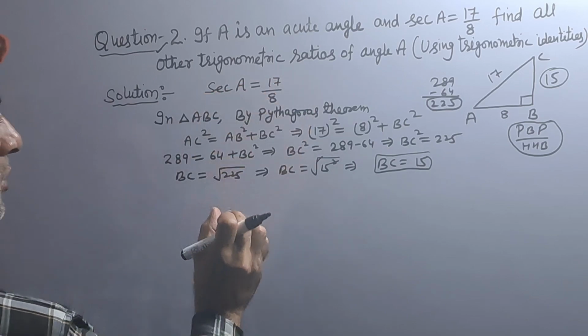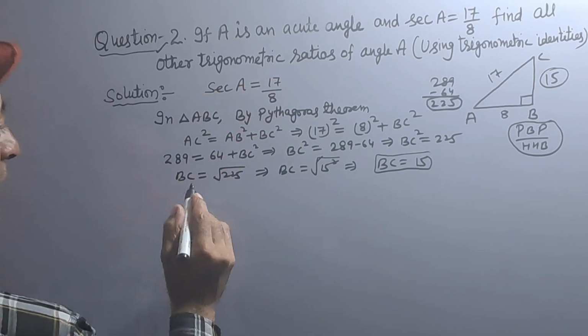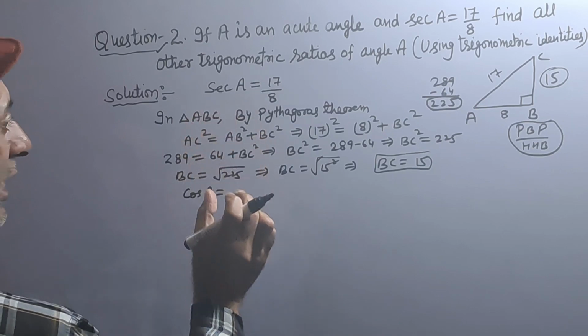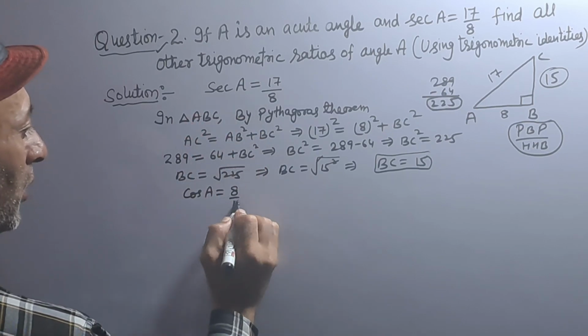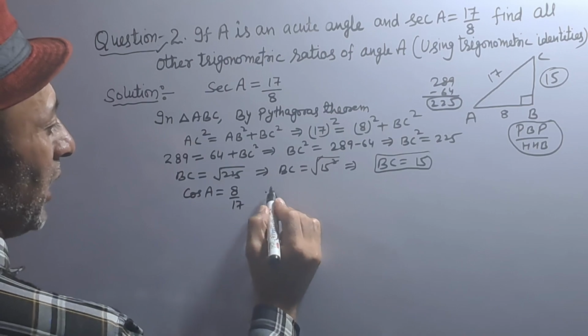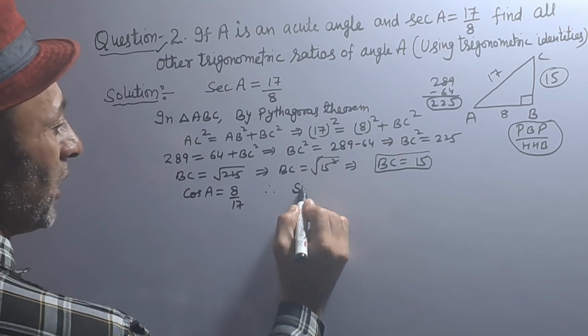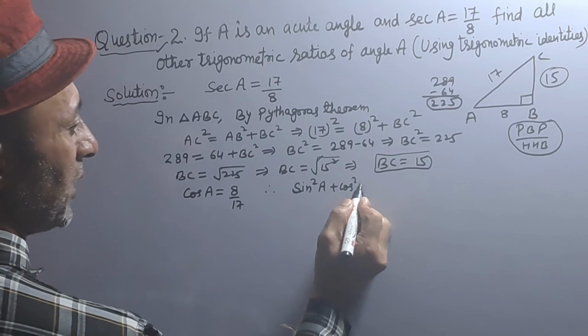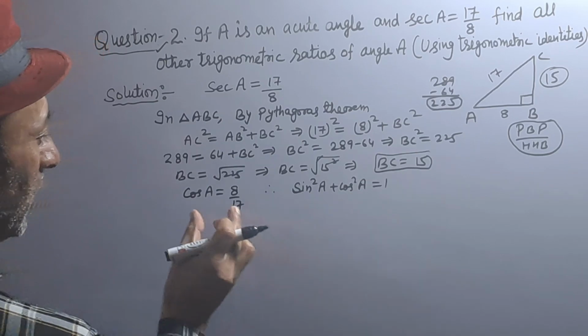Secant A is equal to 17 upon 8 and cos A is reciprocal of secant A, that is 8 upon 17. And we know that sin square A plus cos square A is equal to 1.